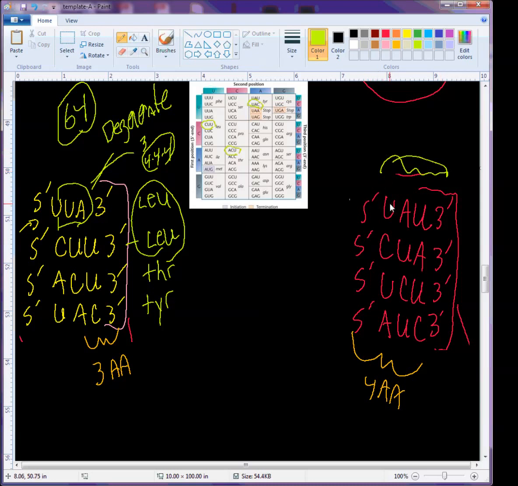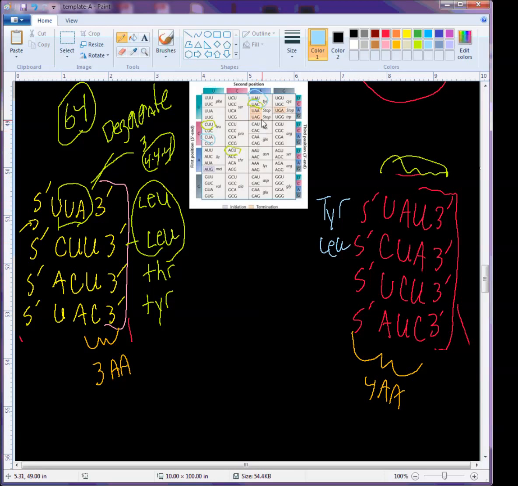So everything's making sense. My guess is these 4 codons over here are going to code for 4 different amino acids. So let's see, UAU is going to be, this is recording, right? Yes, it is. Okay, so UAU, tyrosine, right here. CUA, leucine.